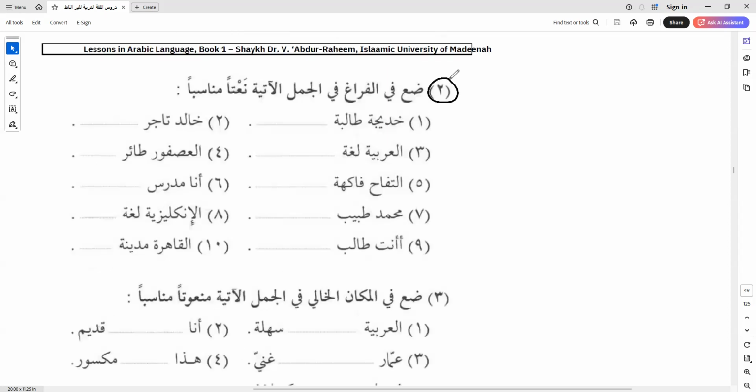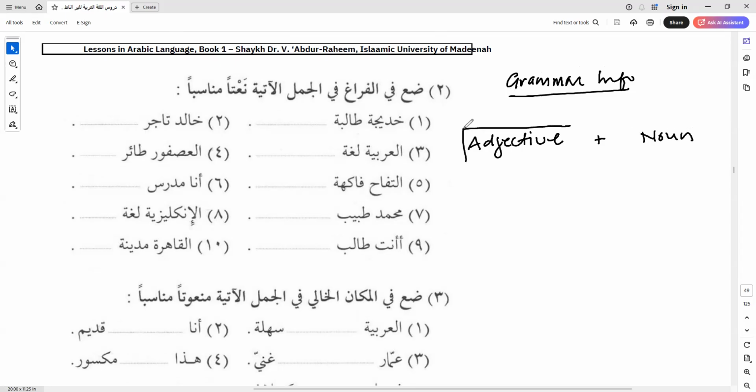Before we do it, let's get some info. Let's call it grammar info. Our grammar info is the adjective in Arabic and the noun that it describes.